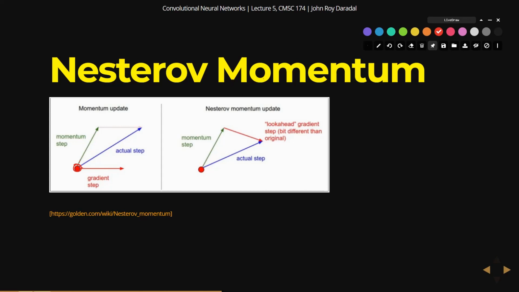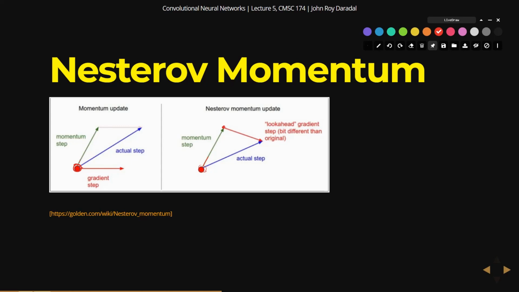But for Nesterov momentum, what happens is you're at this point, so the momentum step tells us that it should go in this direction, and then at this point, this is when you actually compute the gradient. So you don't compute the gradient at the original point, you compute the gradient where the momentum step is telling you it will end up.